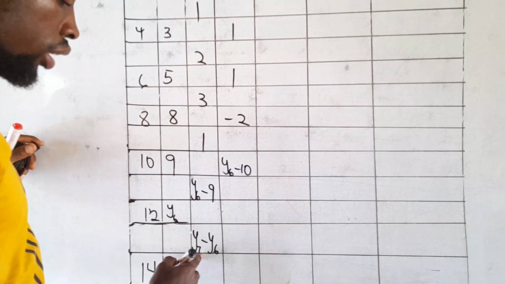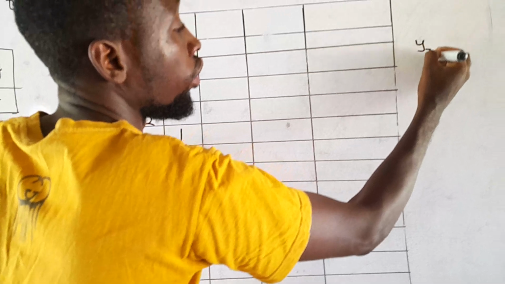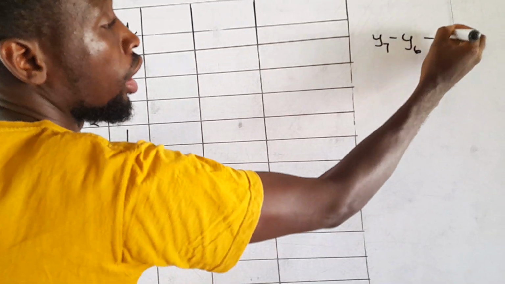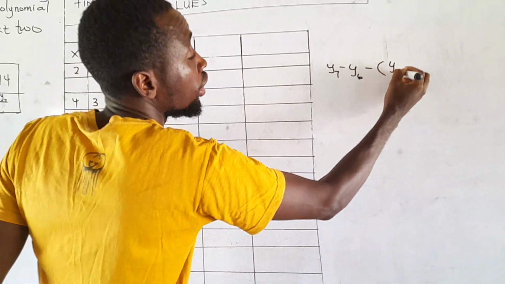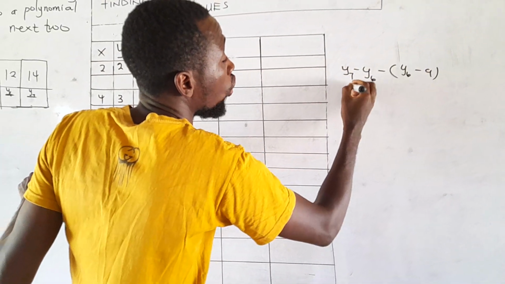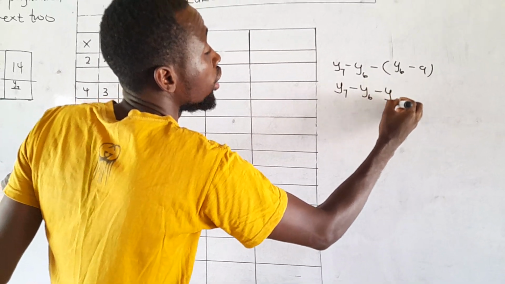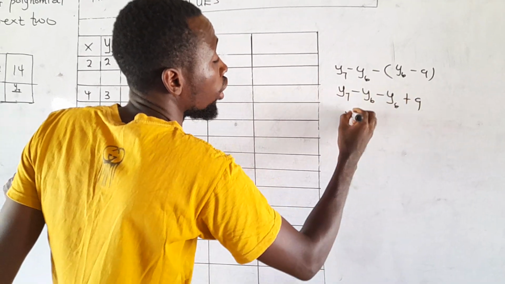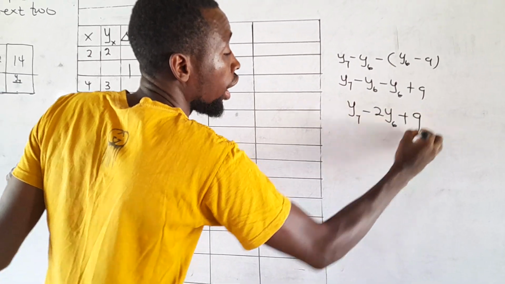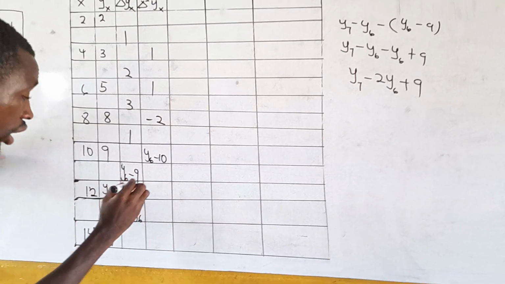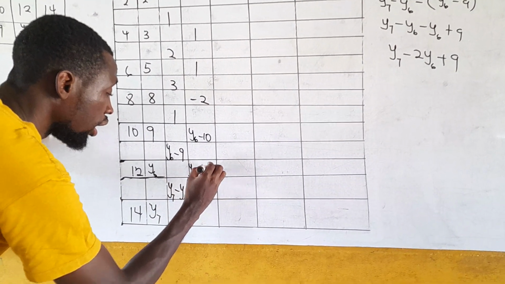Then y7 minus y6, minus y6 minus 9. So we get y7 minus y6 minus y6, then plus 9. That will give us y7 minus 2y6, then plus 9. So right here, y7 minus 2y6 plus 9.